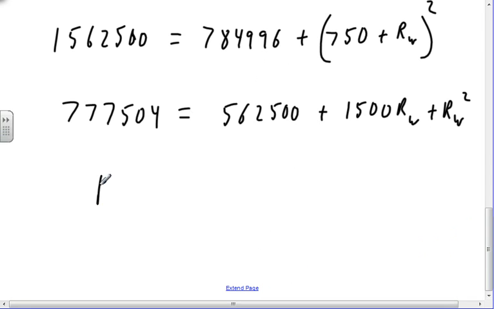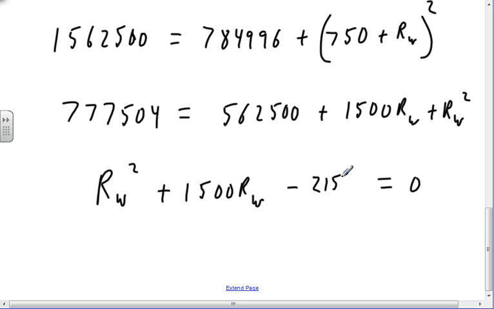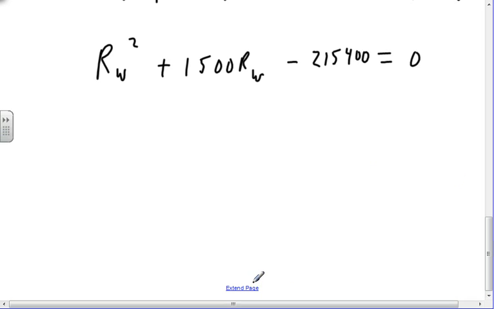Okay, so I've got RW squared plus 1500 RW minus something equals 0. 777,504 minus 562,500, which is 215,400. Well, now I have a quadratic formula, so I can try to factor it, or I can.